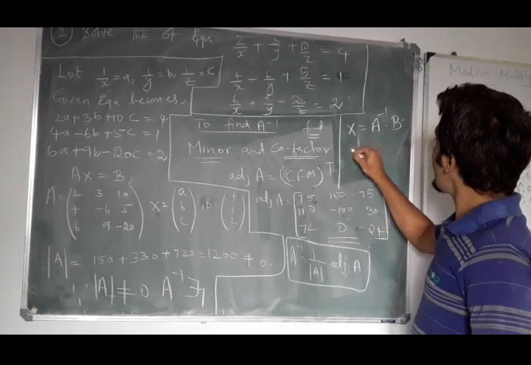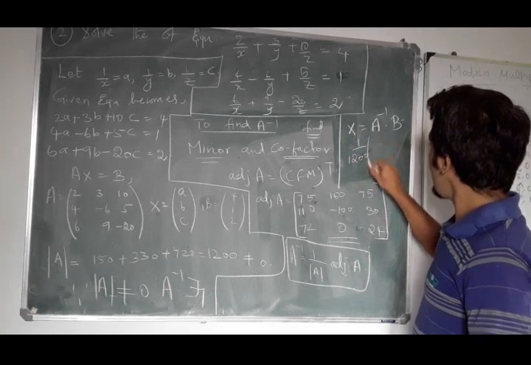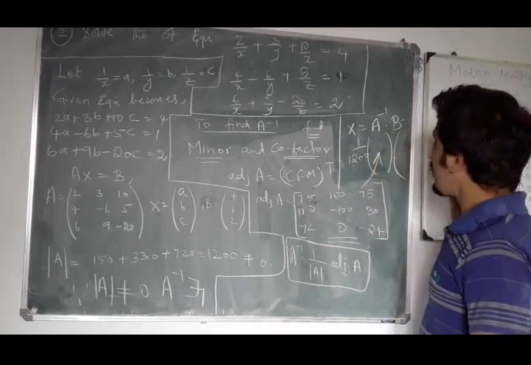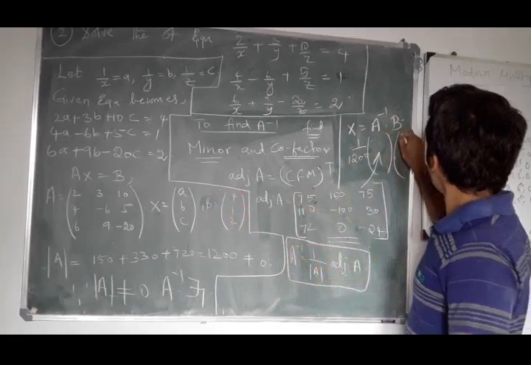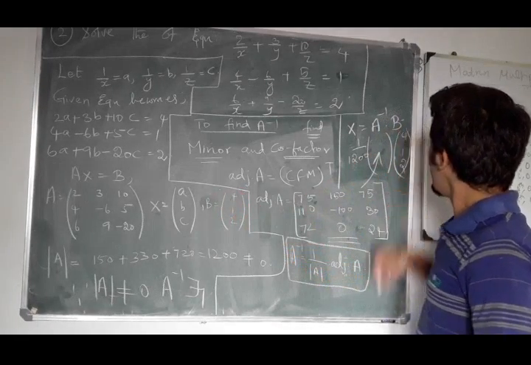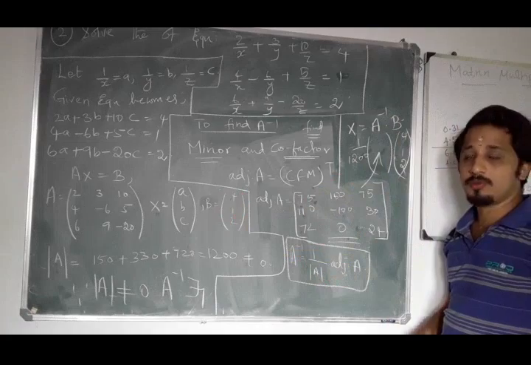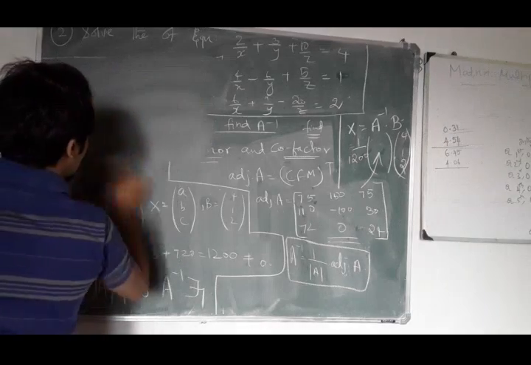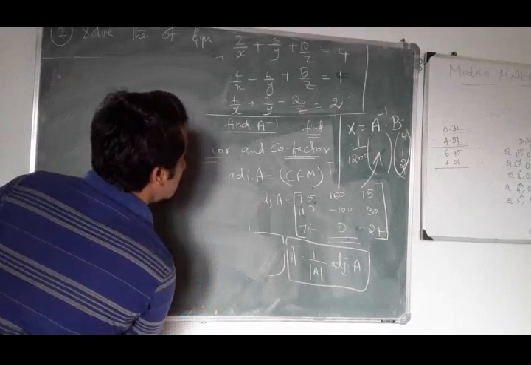What is A inverse? This one, that is 1 by 1200 into this matrix, that is this adjoint of the matrix, into what is B? B is 4, 1, 2. Yes or no? So after minor and cofactor, what we have to find out?